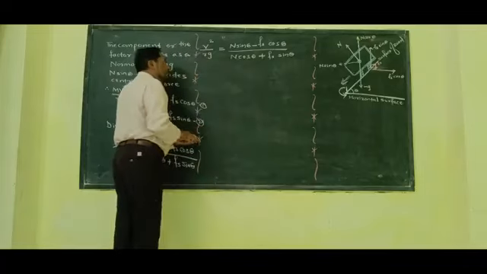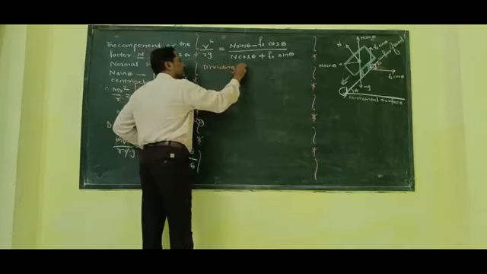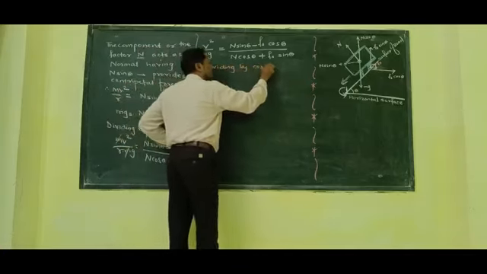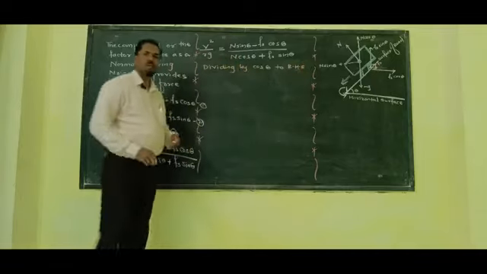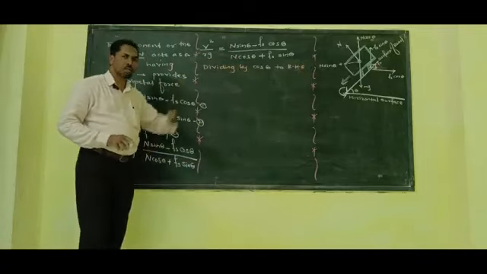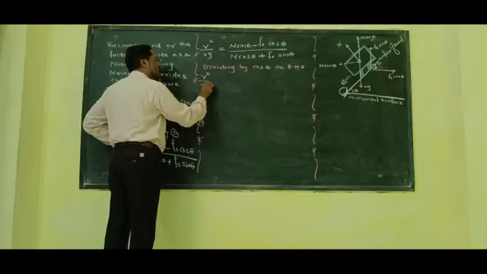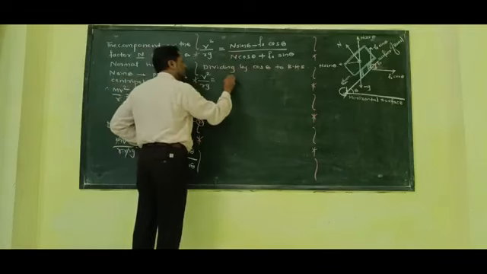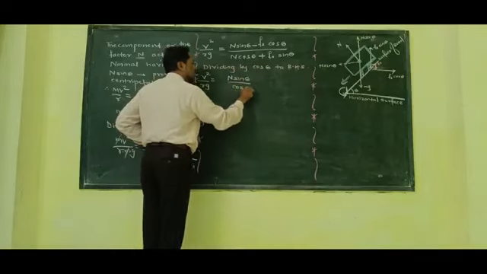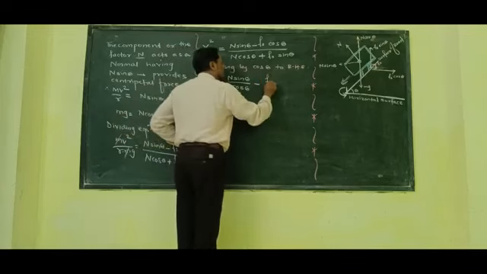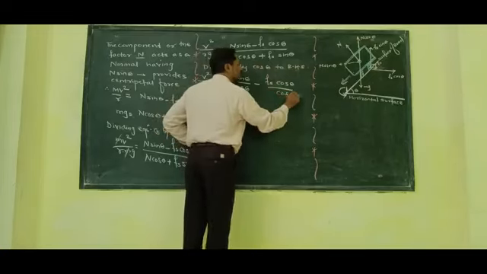Now dividing by cos theta to the RHS, what we get is v square upon rg is equal to n sin theta divided by cos theta minus Fs cos theta divided by cos theta.